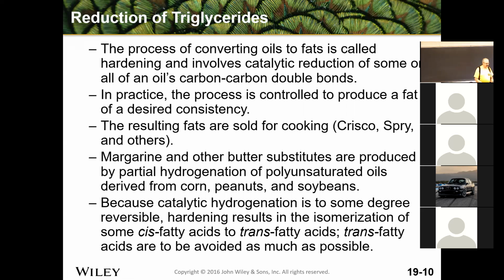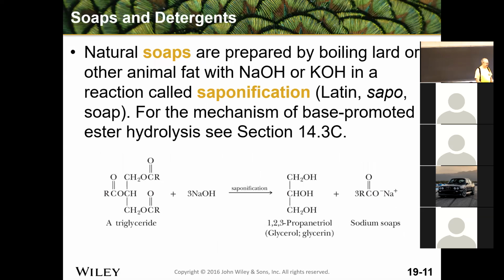There's considerable evidence that trans fatty acids are not healthy. The other place where you would find hydrogenated oils would be in some creamy peanut butters. So that's reduction of the double bonds.